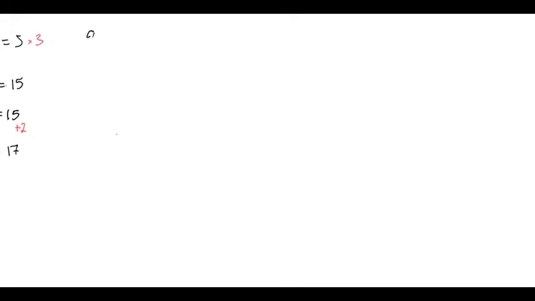So an example would be if we have x plus 2 over 3 equals x minus 4 over 5. So notice we have a fraction on both sides of the equation.